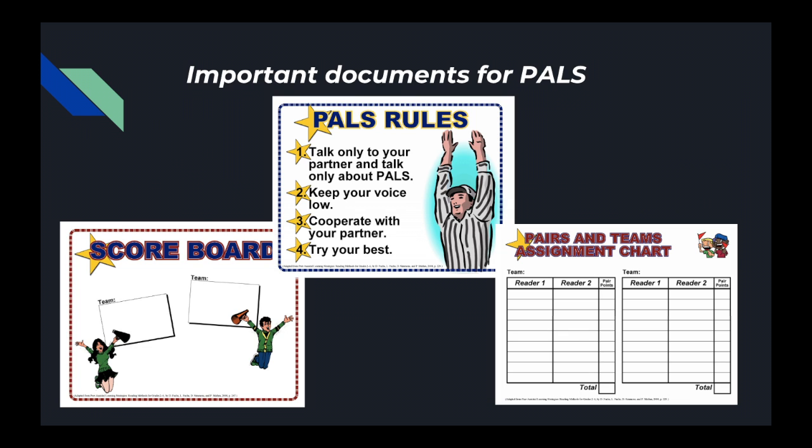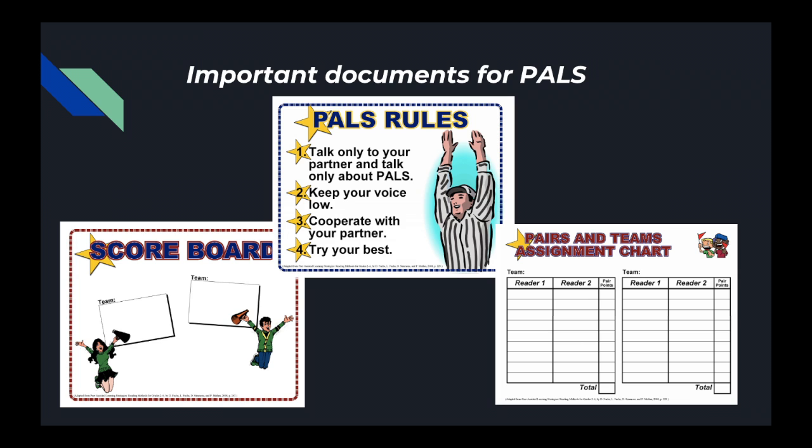So here are some examples. On your left, you have the scoreboard, which is basically the different teams and what they've tallied up throughout the day, the week, or the month. Then we have certain rules. One important thing for classroom management and the safety of students is establishing rules.